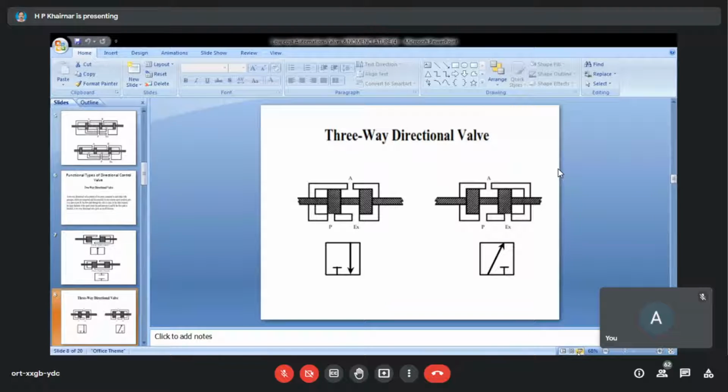Then here is the three-way valve. Now you will have to understand the symbols correctly. The symbols you are observing right now should be drawn in the same way. There should not be any single change in the symbol. As I told you, all these symbols are as per IS 5050.